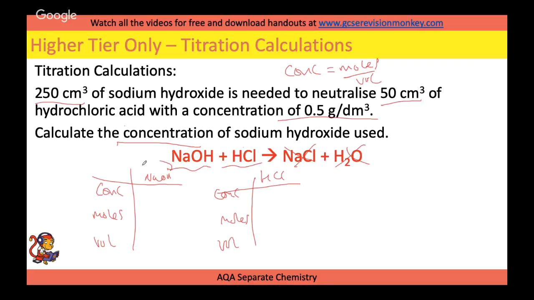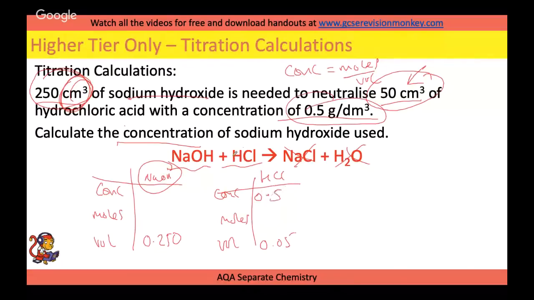So let's write down the information that we've got and look out for the banana skins. 250 centimetres cubed of sodium hydroxide. We need to divide that by 1,000. So our volume is 0.250 decimetres cubed. That's needed to neutralise 50 centimetres cubed. Again, let's convert that. 0.05 decimetres cubed of hydrochloric acid with a concentration of 0.5 grams per decimetres cubed.